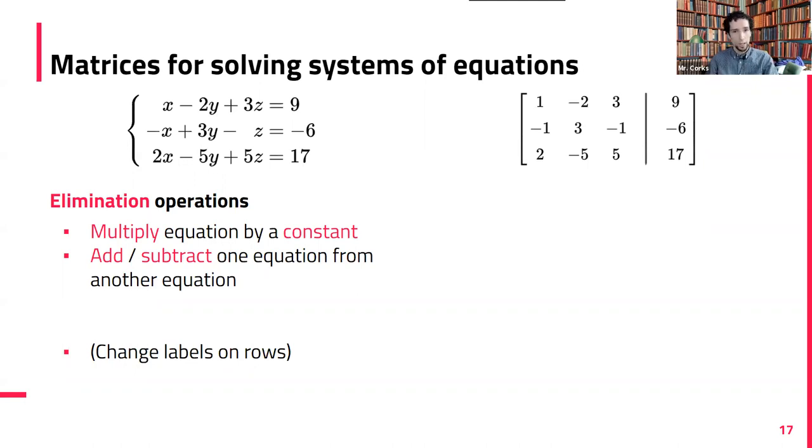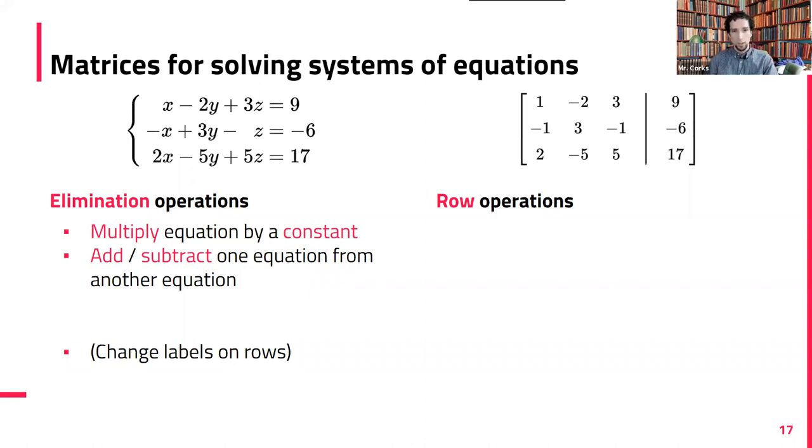So now if we turn it into a matrix and we want to solve, then we will have 3 different row operations, we'll call them. Because again, each row represents an equation, so that makes sense.